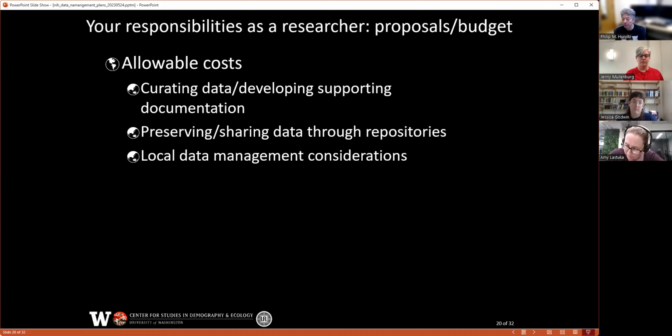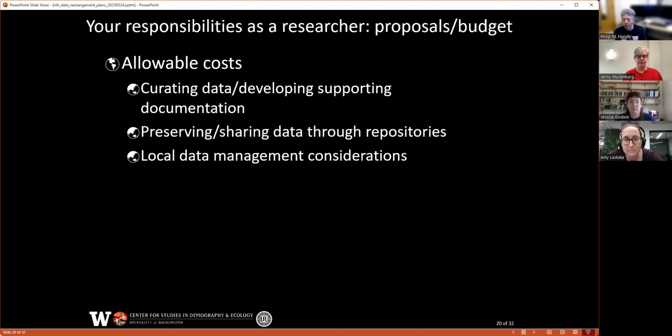You can ask for money for preserving and sharing data through repositories, but again, only during the performance period. I have no idea what the effects of that are going to be, right? And usually the data that you're going to generate for sharing are probably in the last year of a 5-year R01.